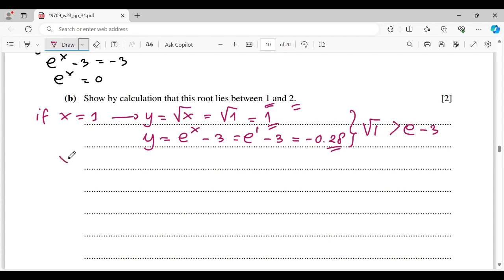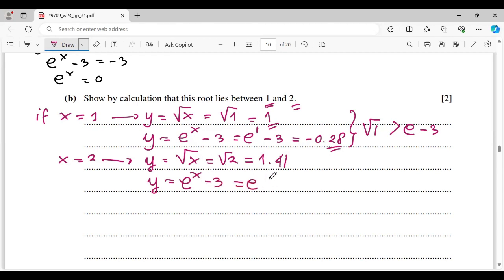Now, if x equals 2, y equals square root x equals square root 2, 1.41, and y equals e power x minus 3, this equation equals e power 2 minus 3 equals 4.39.